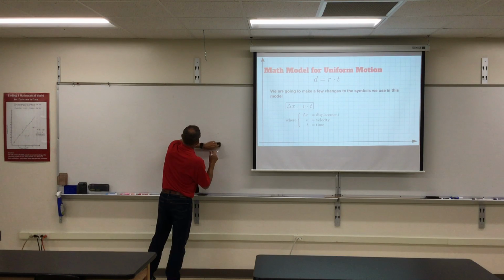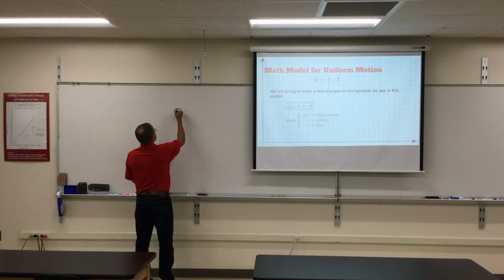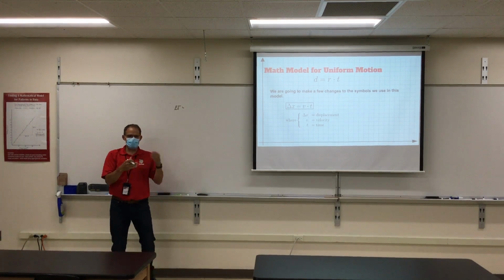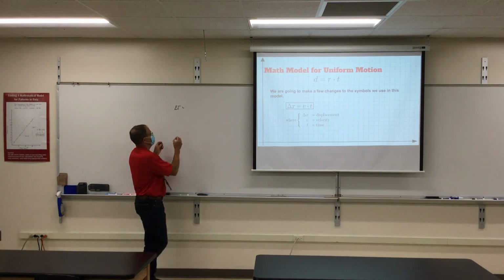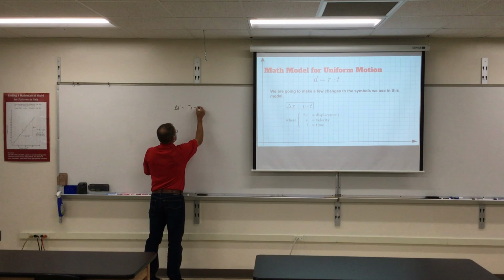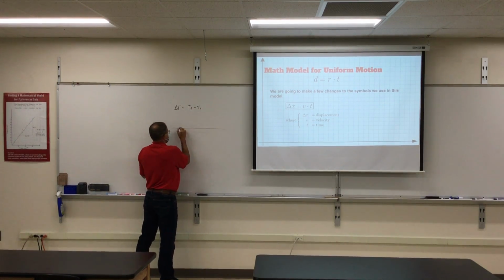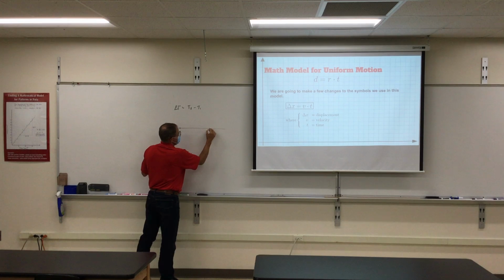So here's the idea. Don't write that down yet. Delta T means how much did the temperature change, right? We took T final minus T initial. We're using it the exact same way. Suppose that Katie's lizard is here at 3 meters, and it runs over here to 6 meters.